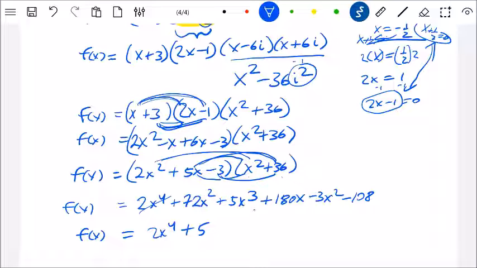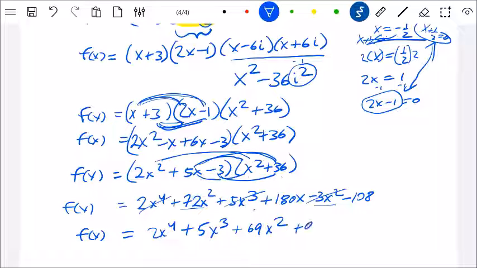36, 72x squared. Okay. And that's x cubed. Negative 3x squared. I don't see any other way to do it. So I have a 5x cubed. And I have two of them that are x squared. So it looks like that's plus 69x squared.